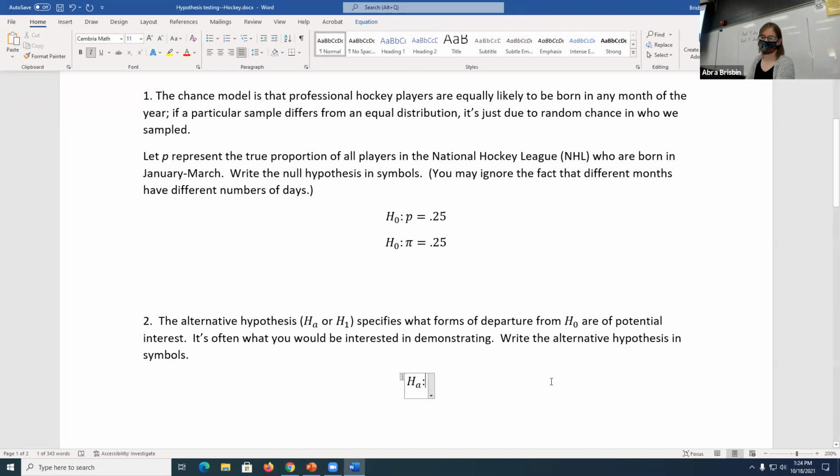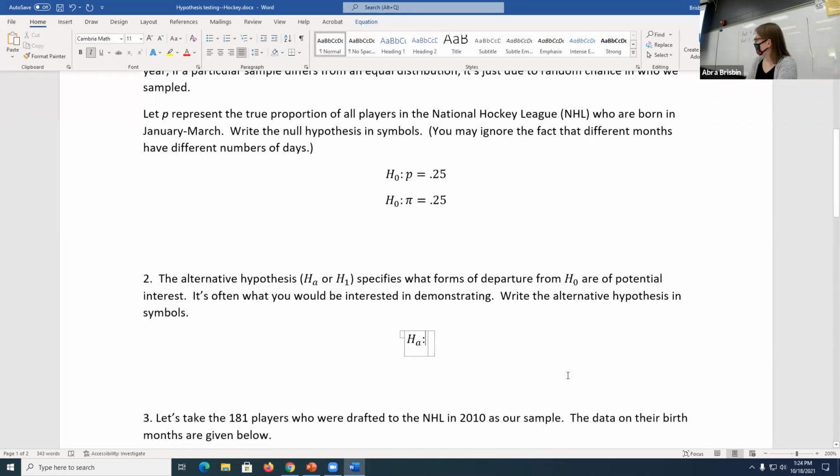All right. Then for the alternative hypothesis, what forms of departure from the null hypothesis are we interested in investigating in this problem? Isaac? There's more than 0.25.